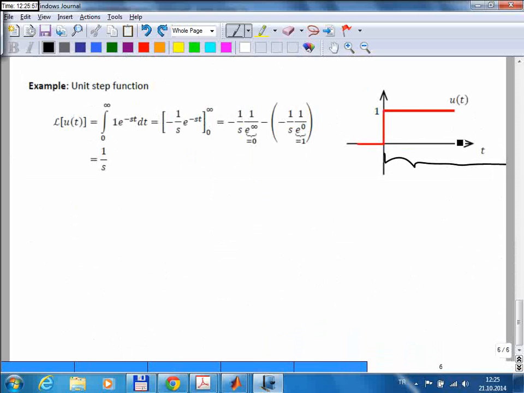So we don't care what the value of the function is on the left hand side, since we start the integration from 0, as you see here. So the value of the function in this positive time range is 1.